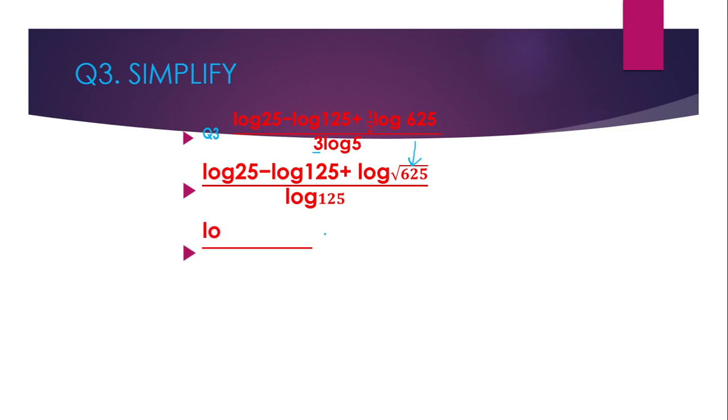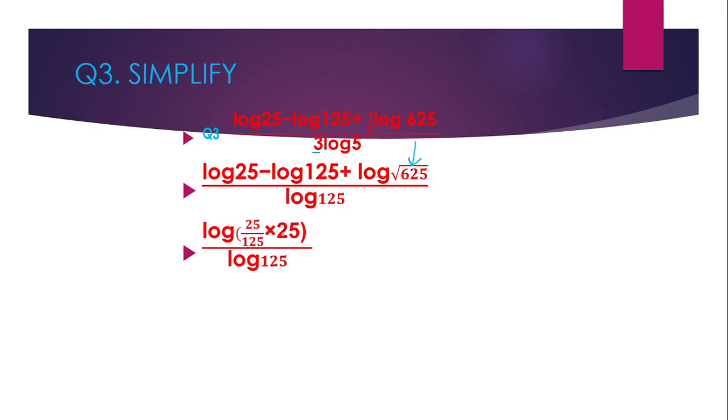So what we are getting, if we do this, we apply again. We know that when we are subtracting two logs, we divide them, and addition we multiply, right? And that's what you can see. We found the square root of 625 is 25, and we have 125 at the bottom as our denominator. So we can divide here, right?